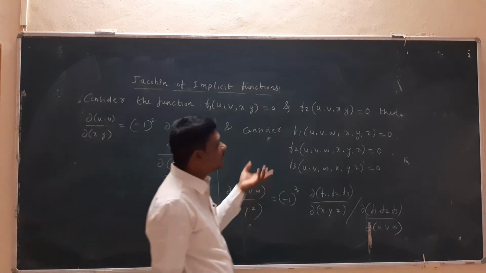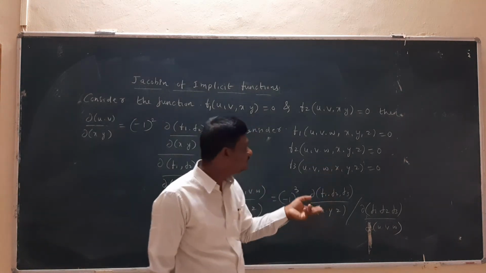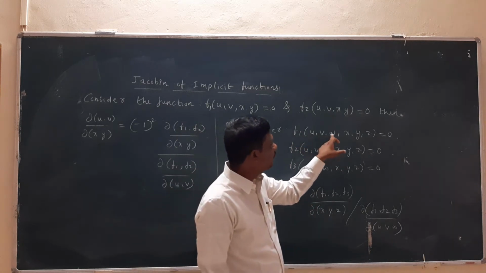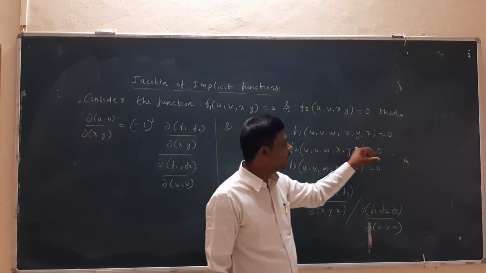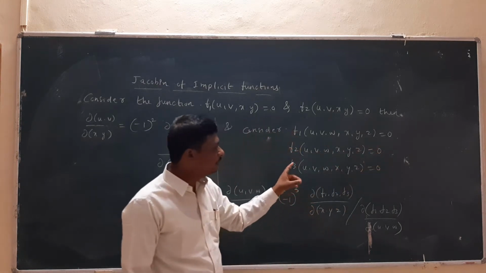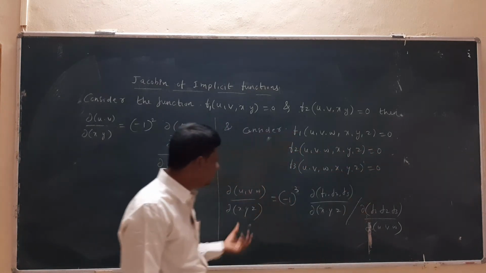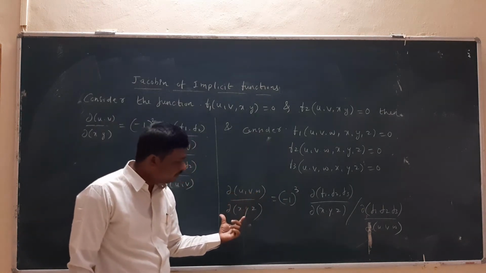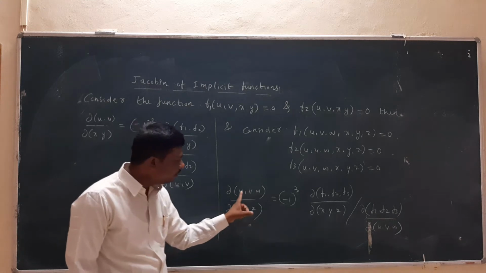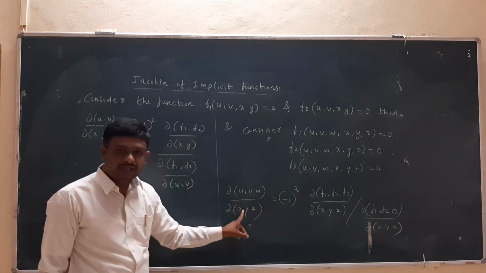Similarly, if I consider three functions in six variables, f1 of u, v, w, x, y, z equal to 0, f2 of u, v, w, x, y, z equal to 0, f3 of u, v, w, x, y, z equal to 0, then the differentiation of u, v, w with respect to x, y, z, that is dou of u, v, w with respect to x, y, z.